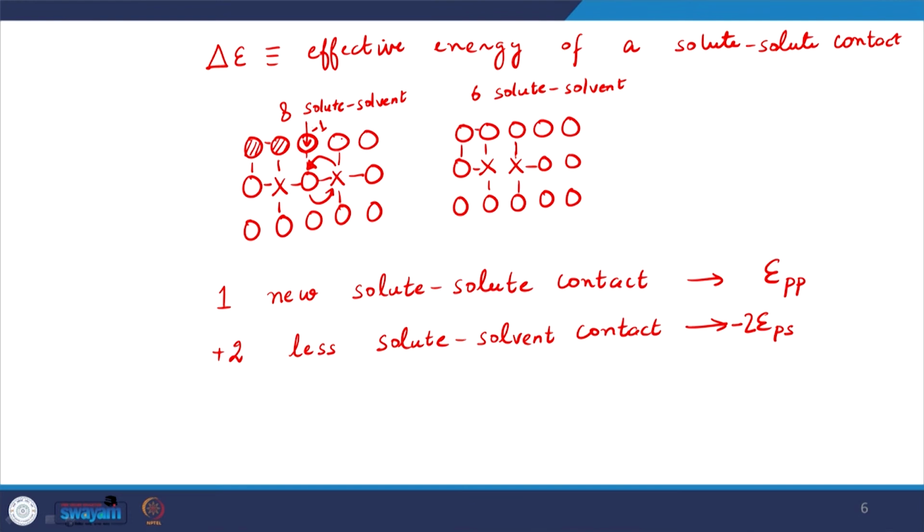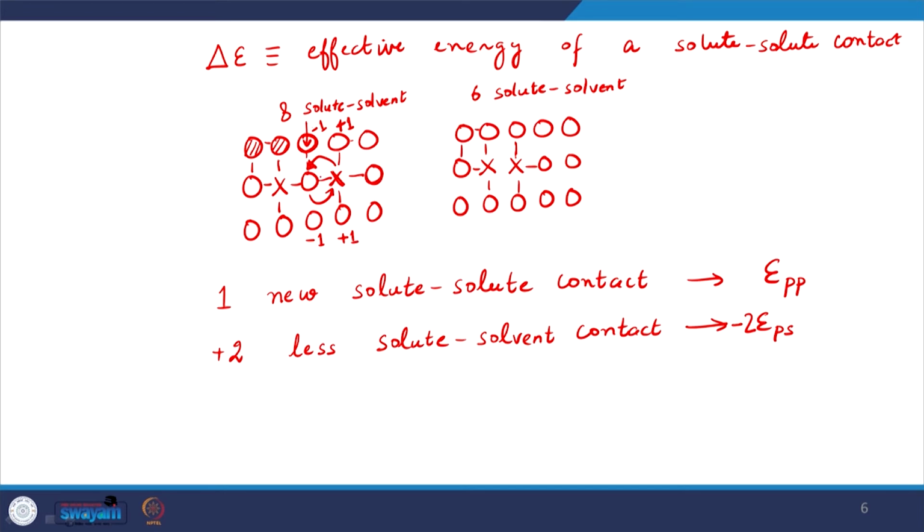This guy was earlier having a contact with a solute molecule and now it is not having it. So, this guy will basically be forming a new solvent-solvent contact. Earlier it was not present, it was forming contact with the solute molecule. All the other contacts remain as they are. So, both of these basically cancel. The same is true for these two guys.